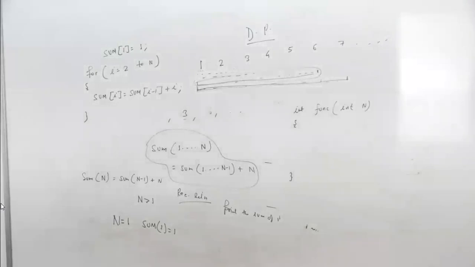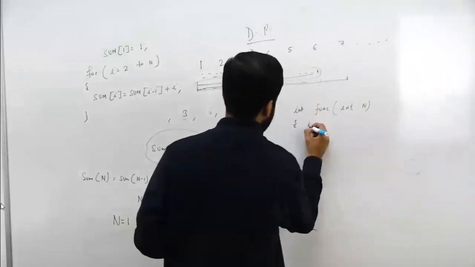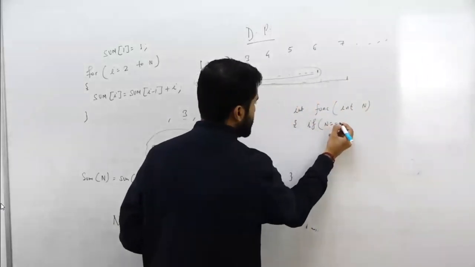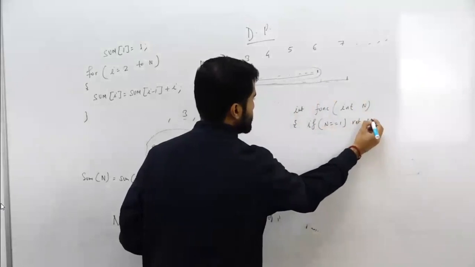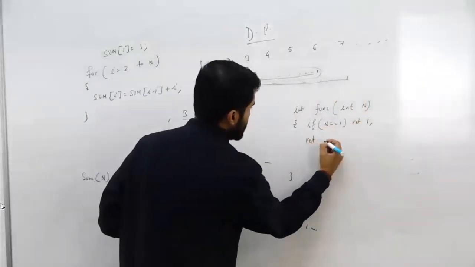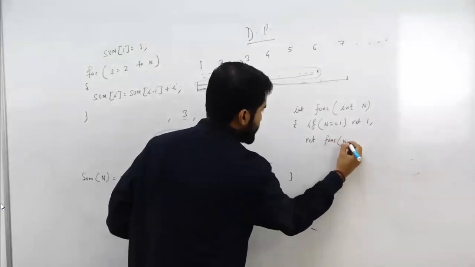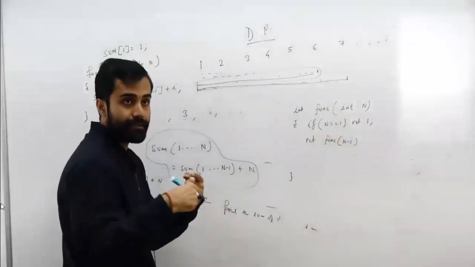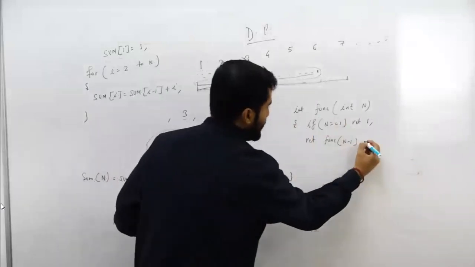Look at the left side of the board. It says if n is 1, return 1. Good. Otherwise what to do? Otherwise you return sum of n minus 1, which you can get by recursively calling this method for n minus 1, and add n to it.